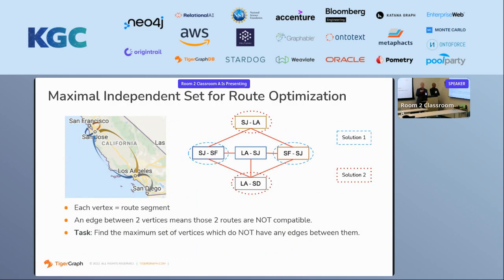So maximal independent set is a way for routing, logistics, and other industries to optimize a path that gives you the fewest connections with the maximum set of vertices which do not have edges between them. So all of a sudden, we're looking at ways to optimize for increasingly tenuous supply chains.